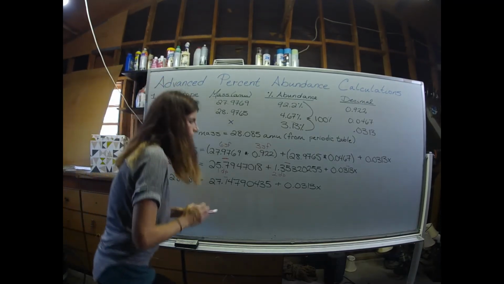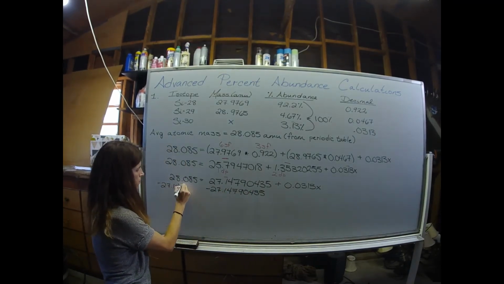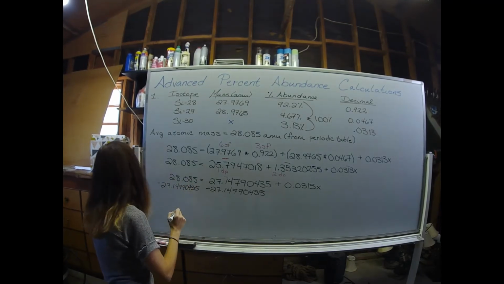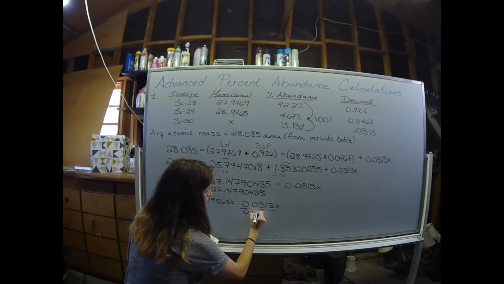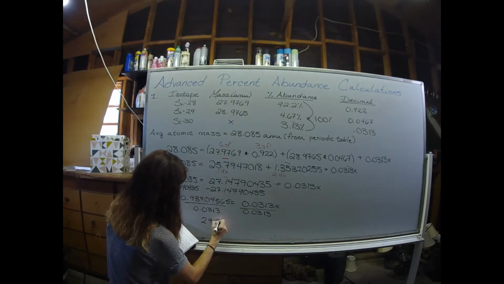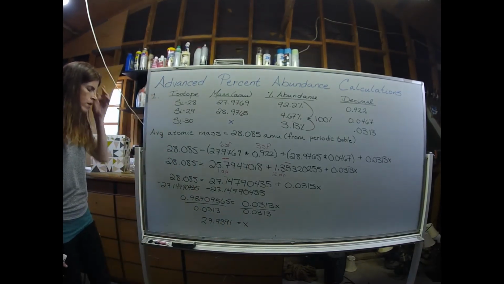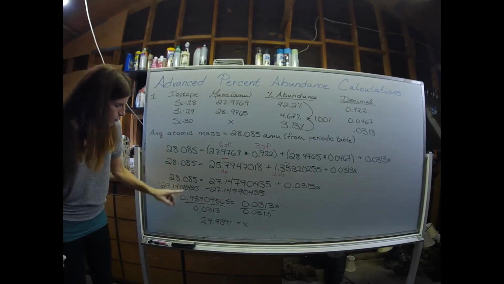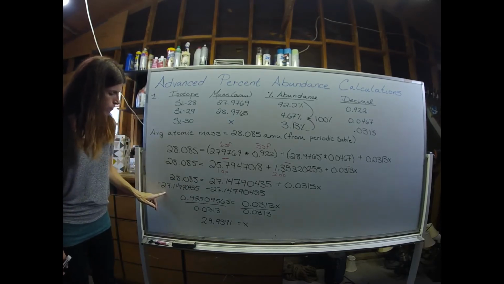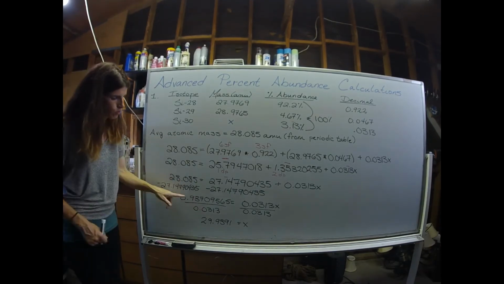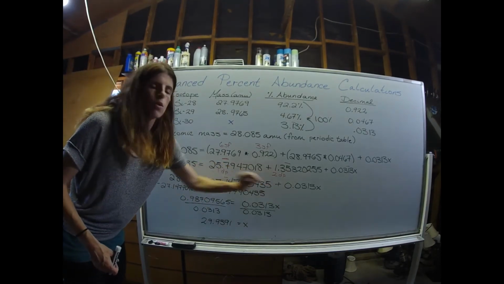I'm going to subtract it from each side. So after subtracting 28.085 minus 27.1479, keeping the whole value, I got 0.937 and so on, equals the 0.0313x.